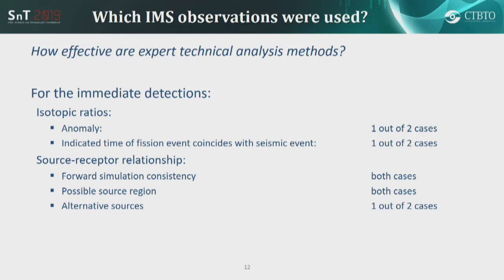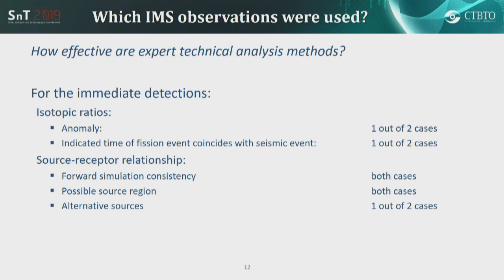What indicators are used for further technical analysis methods? For the immediate detections, the anomaly was used in 1 out of 2 cases, and the anomaly and the isotopic ratios was used only in 1 of the 2 cases, because in the first case there was only 1 isotope.